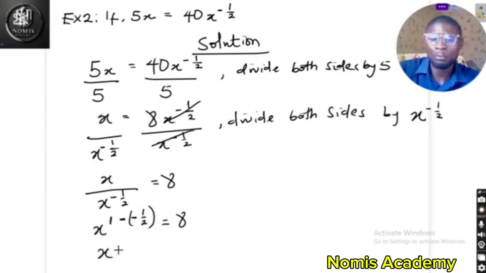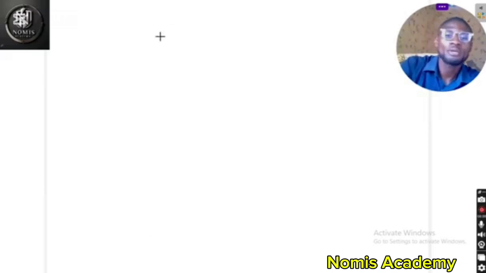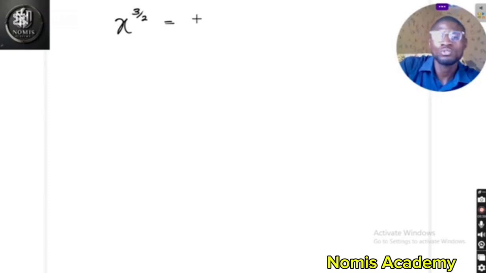So this becomes plus. So this will be 1 plus 1 over 2 equals 8. 1 plus 1 over 2 is 3 over 2, right? So that becomes x raised to the power of 3 over 2 equals 8.